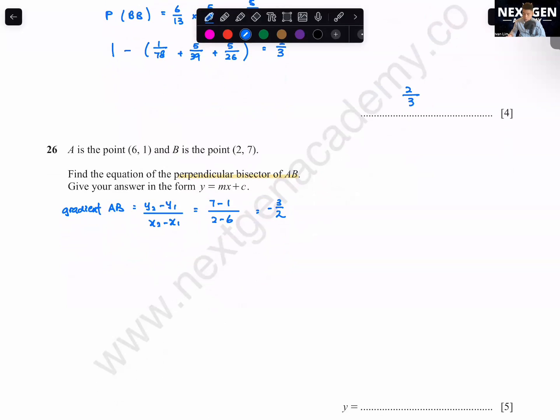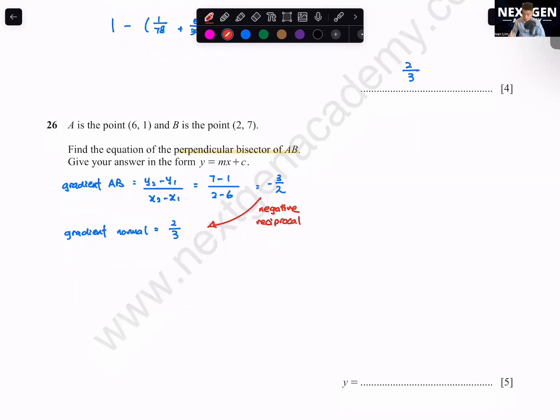When we want to find the perpendicular bisector, we need to find the gradient of the normal. Gradient of the normal is just the negative reciprocal. If it's positive, it will become negative. If negative, it will become positive. Then you invert it. The meaning of reciprocal is inverse. So this is your m value, the gradient of the normal.